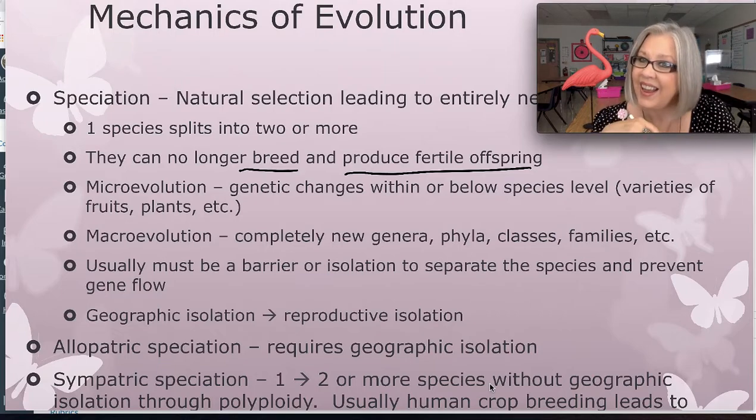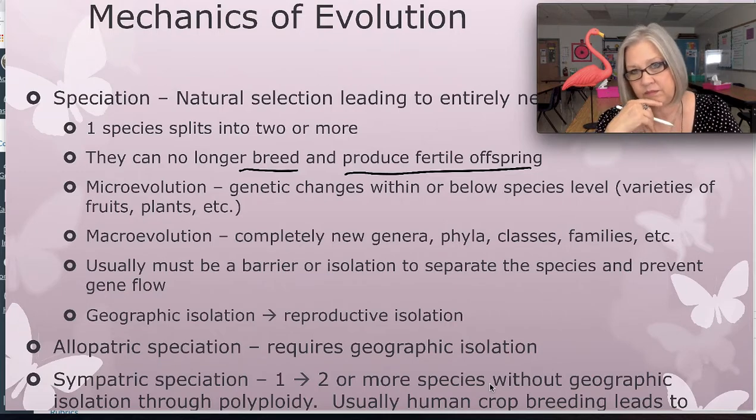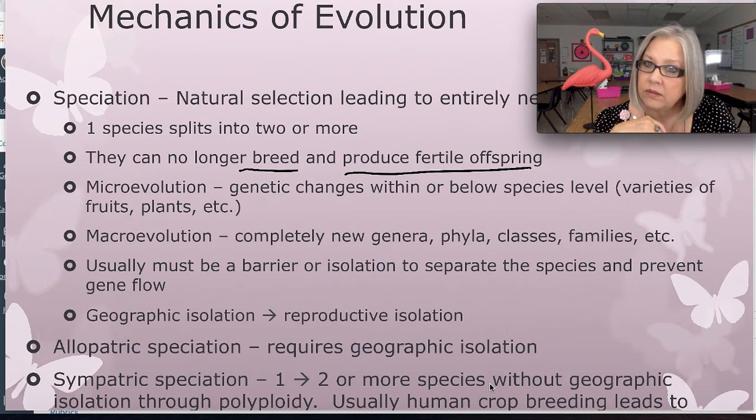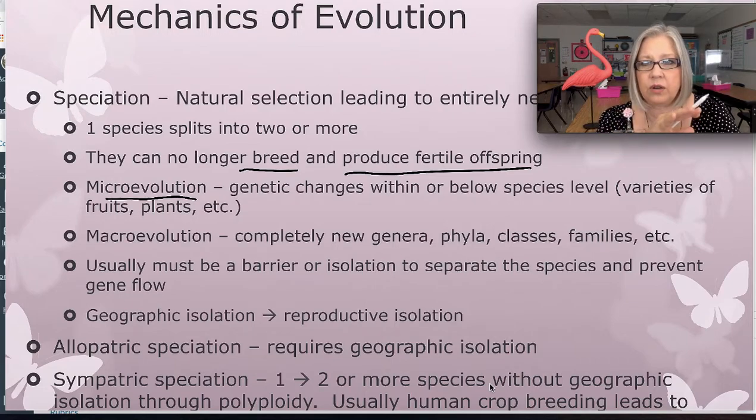So the liger, for example, the liger does not have babies. The mule doesn't have babies, and they're all male. So they can't have babies. Okay, so just kind of keep that in mind. Okay, microevolution is sort of what we're doing, where basically you have changes or evolution occurring on a smaller, lower scale.